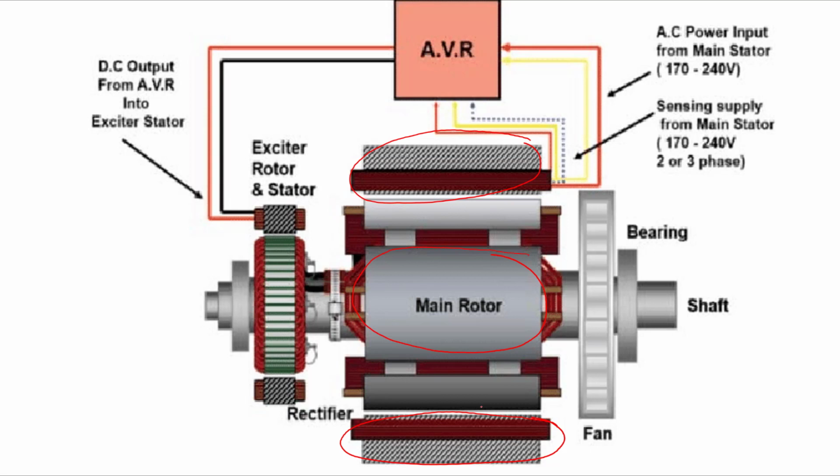So what advantage do we get by that? Because if we see the basic principle of a generator, when we put a coil inside a uniform magnetic field and we try to collect the voltage from the two terminals, it will produce an alternating current, right? Alternating voltage, in fact.